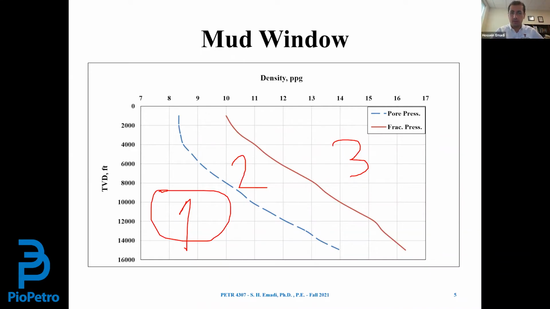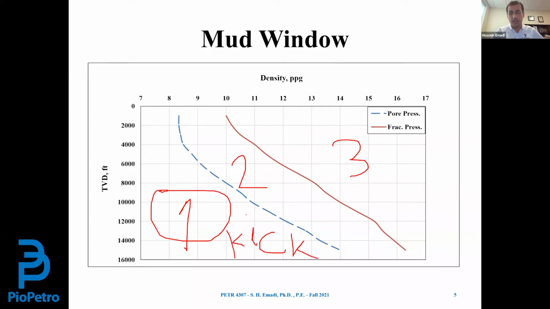In area one, obviously the pressure is below pore pressure. And when the downhole pressure or bottom pressure is below pore pressure, what happens in permeable formations is that formation fluid starts entering the wellbore. So if we are in zone one, formation fluid starts entering the wellbore, or we say a kick happens.